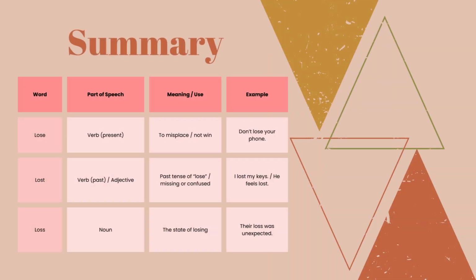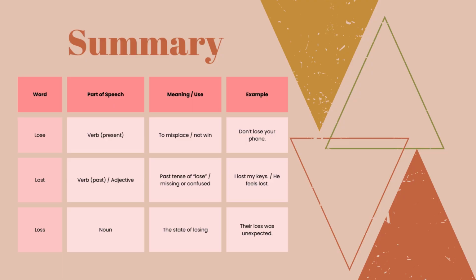Now, here's a quick summary. I'm going to give you the word, part of speech, the meaning, and an example. Lose is a verb and it's present, and it means to misplace or not win. An example is don't lose your phone.